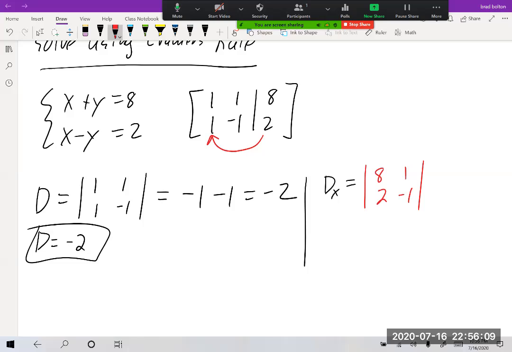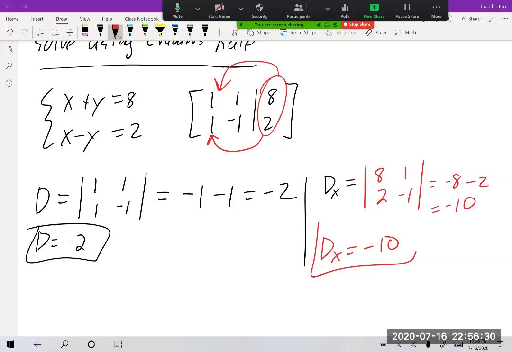Notice I took this column and put it right there, where the x's used to be. Now when I find this determinant, I'm going to do negative 8 minus 2, which is negative 10. So I now have D sub x is worth negative 10.